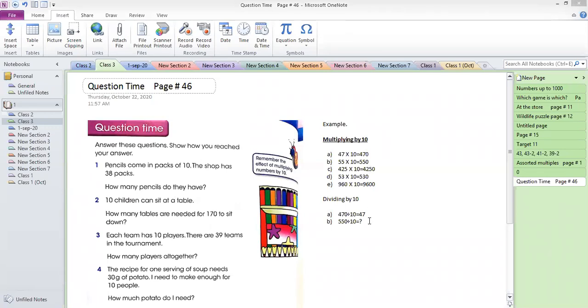Very good. So the answer is 55. If I ask you 4,250 divided by 10 equals to what? 425.